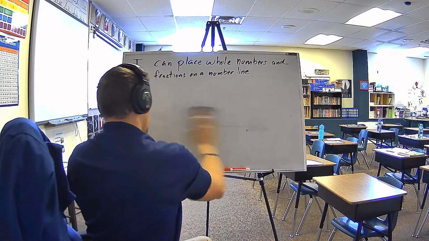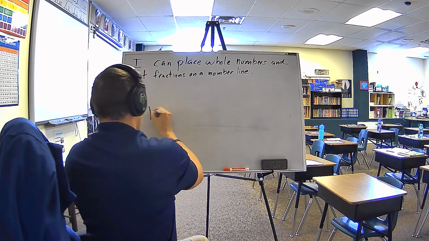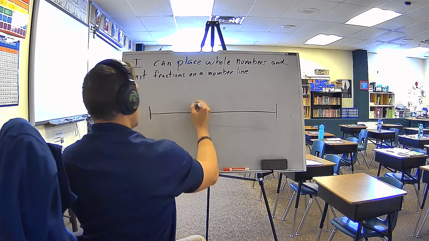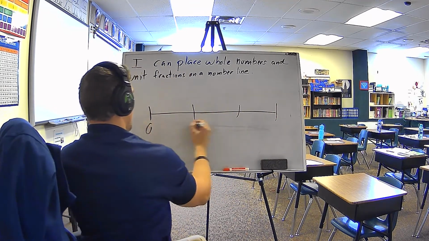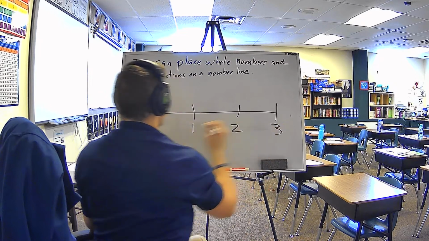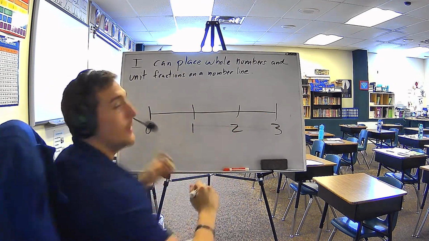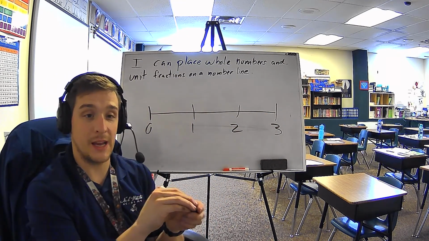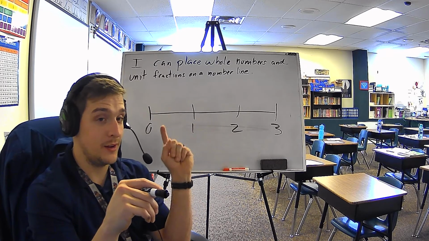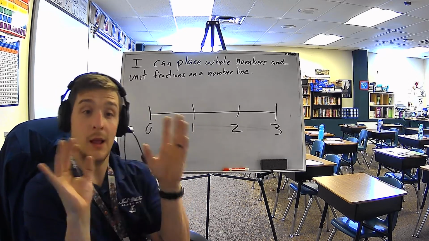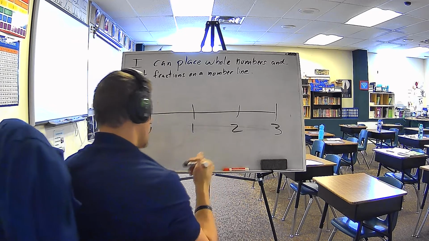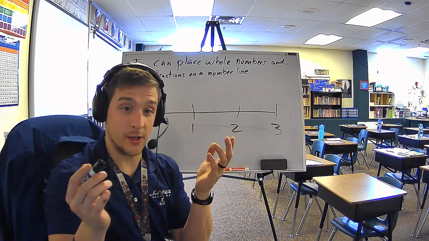Now, we have a number line, but it's like 0, 1, 2, and 3, and you have fractions in between each one of those. And I should be able to say any fraction, and you can be able to find it. That's the idea. So, long story short, let's go ahead and jump into it.